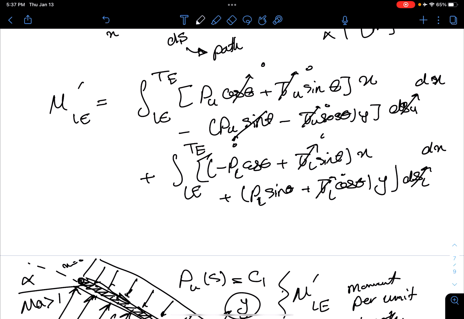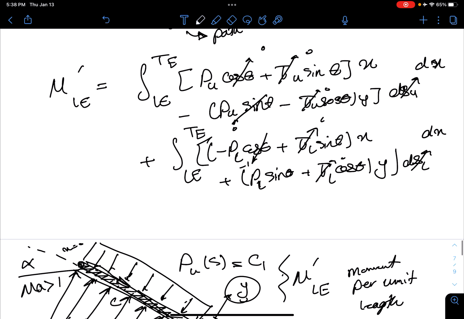Cosine of theta is 1 on the upper surface. Cosine of theta is -1 here, right? And sine of theta is 0 here. Just have to make sure that you have the correct signs in the equation.